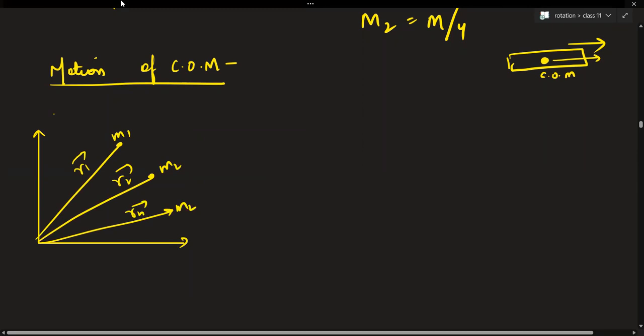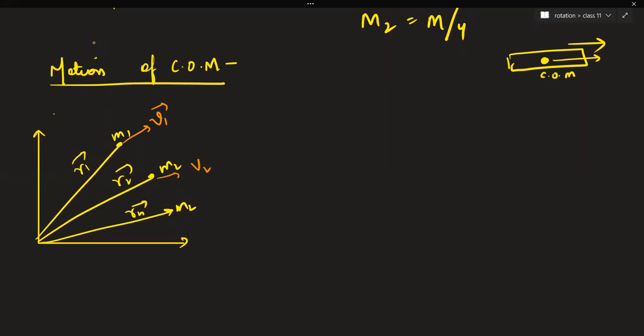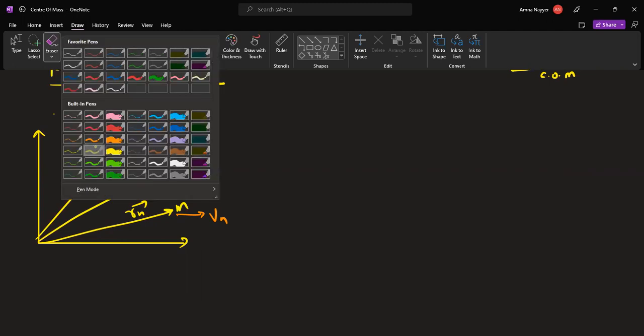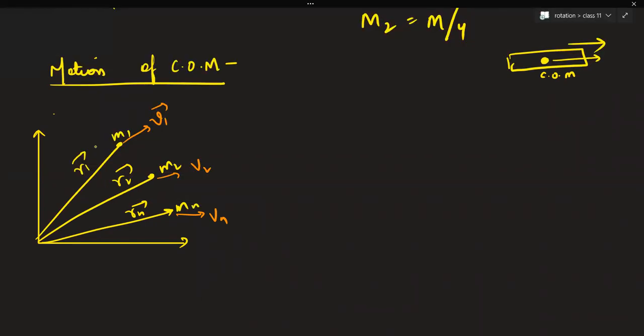Now what additional part I am considering is the velocity. This is having velocity V1, this is having velocity V2, this is having velocity Vn. N, why? Because of the nth. So this is not 2, this is n. Like this, masses are present.